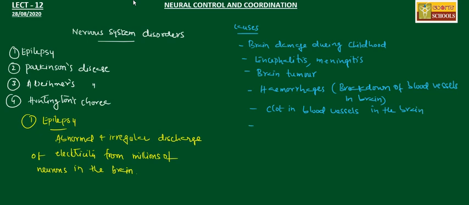Then even some conditions like metabolic disturbances, like hypoglycemia, the low sugar level, and even hyperglycemia conditions and renal failure conditions can also result in epilepsy. So these are some reasons for epilepsy.